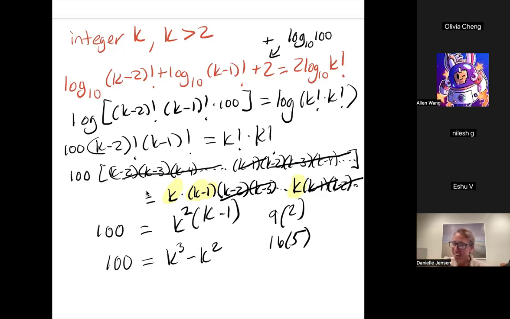Feel free to chime in. And then I did 5, which is 25 times 4. Yay! And so that worked. So I said, okay, so k then is 5. Oh, I see. That's where I got really stuck. Go ahead, Olivia.